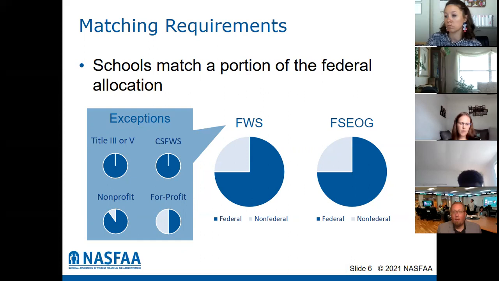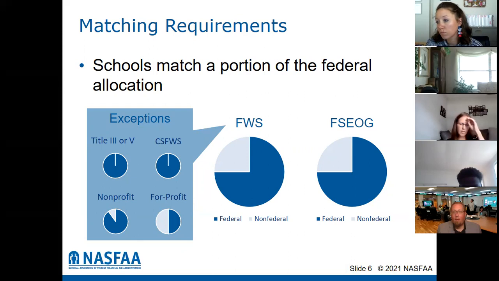All student offers must be comprised of both the non-federal and federal contributions. A school must provide at least 25% of the non-federal share for work with a public agency, private nonprofit organization, or school. So what this means is that the typical breakdown of funding is 75% federal and 25% non-federal.